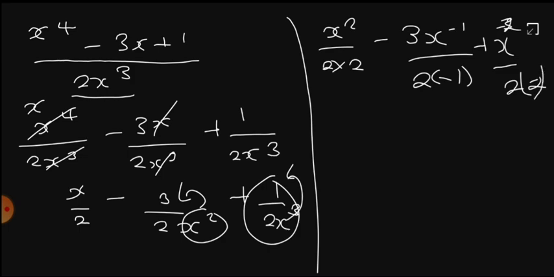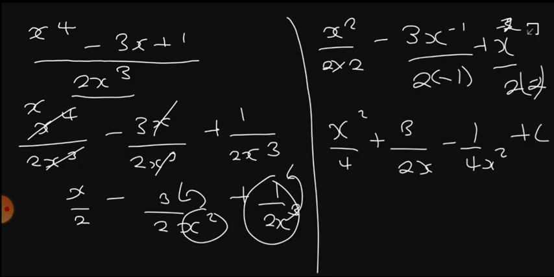So we are going to have x squared over 4 plus 3 over 2x minus 1 over 4x squared plus c.